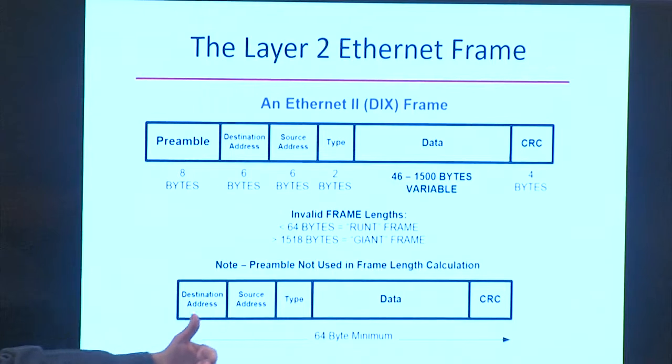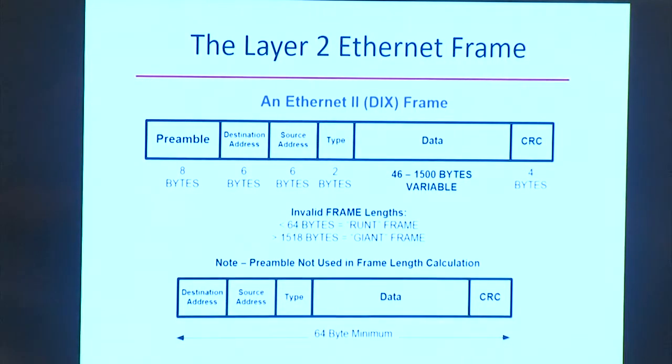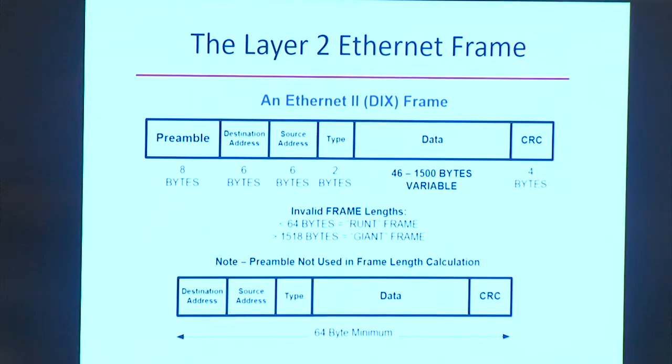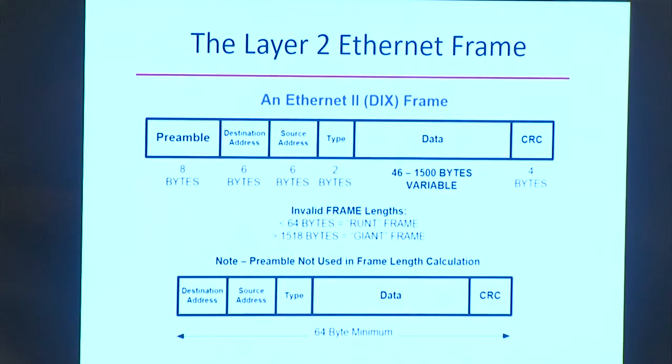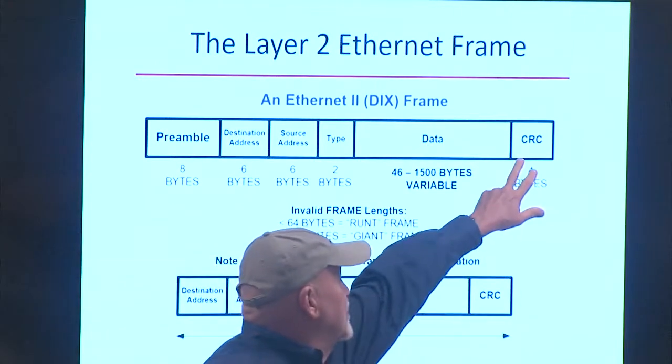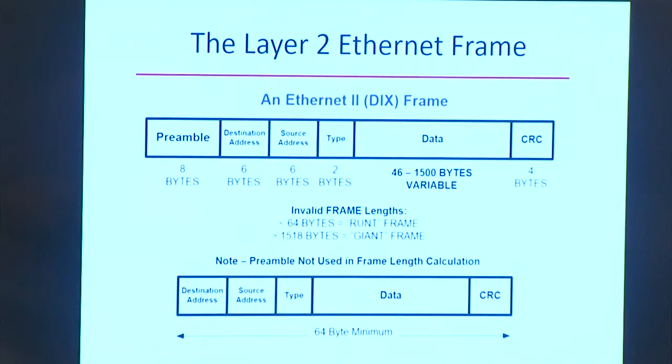It has a lower limit and it has an upper limit associated with it, which means the information must be packaged into a certain format within that PDU. Layer 2 is also where the first error checking is performed. That's done by adding a CRC value at the end of the frame.